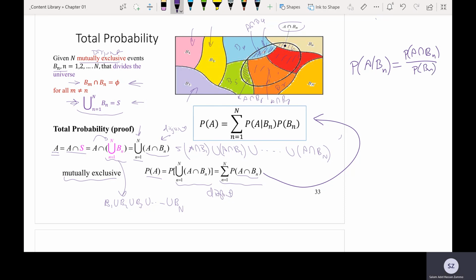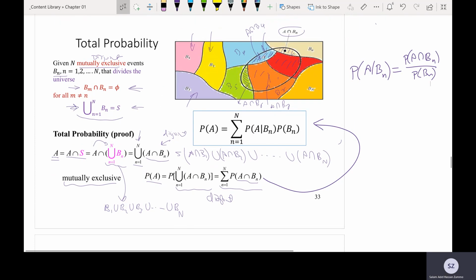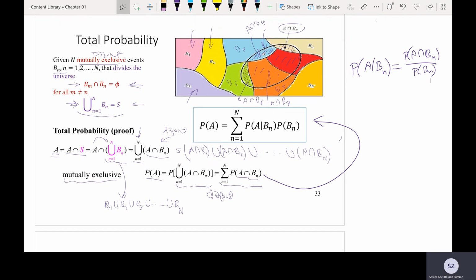So basically, applying it here, this will be the product of this. And then we stopped here. Before that, we talked about the joint probability and conditional probability.